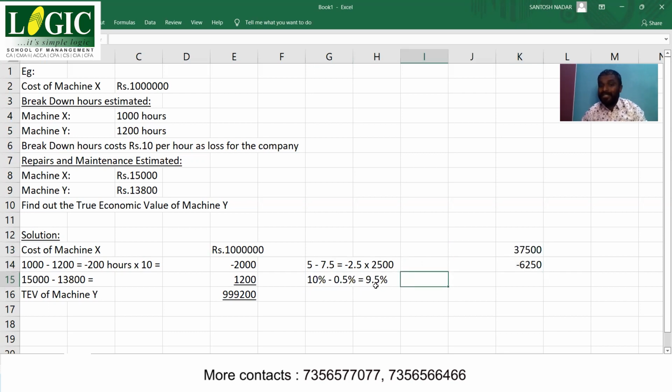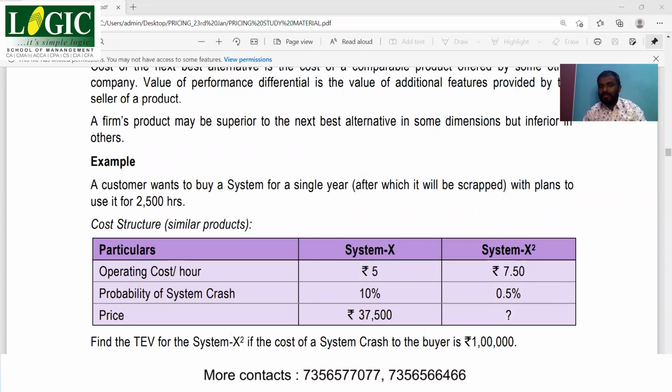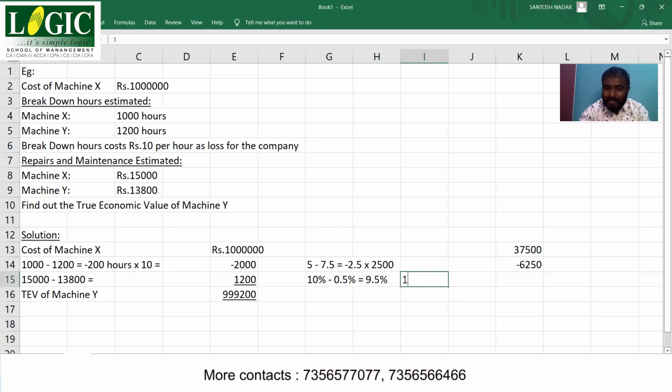So there is a lesser chance of breakdown by 9.5%. And the total cost of breakdown, system crash, is 1 lakh. If the system crashes, there will be a cost of 1 lakh. There is a 10% chance of system crash in system X, whereas mine is 0.5%, so the probability of system crash gets reduced by 9.5%. See, there is a positive impact. That means 1 lakh multiplied by 9.5%: you are going to save 9,500 if you invest in my system.